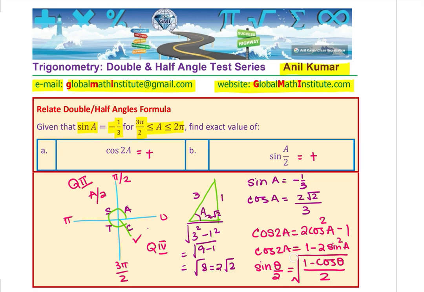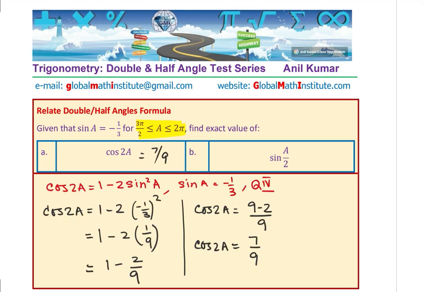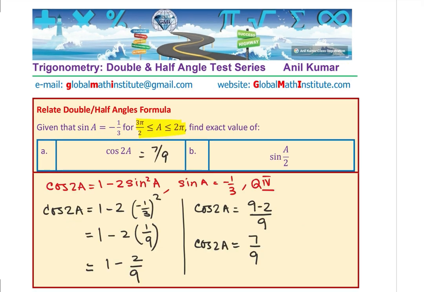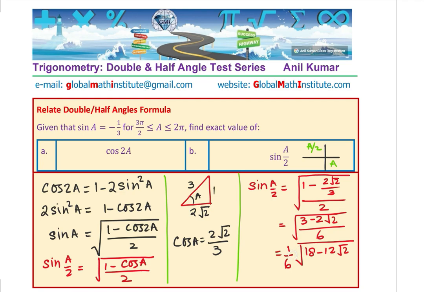These are the formulas which we will be using in this particular solution. Applying these formulas and substituting the values, we got our answers. An important thing is, while working for sine A by 2, you have radical 6 in the denominator, which should be rationalized. Therefore, the answer should be written in the given form.